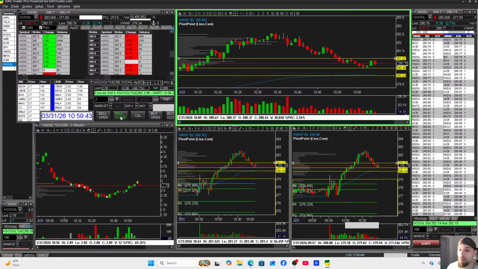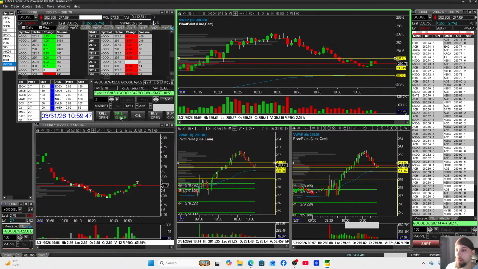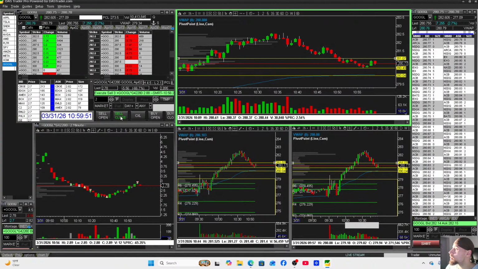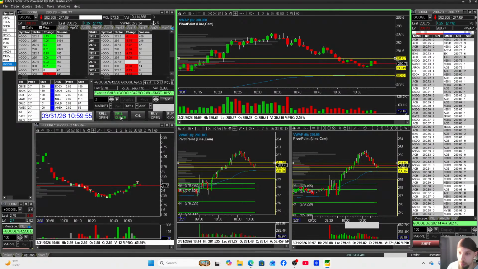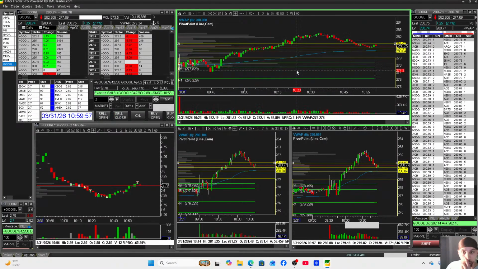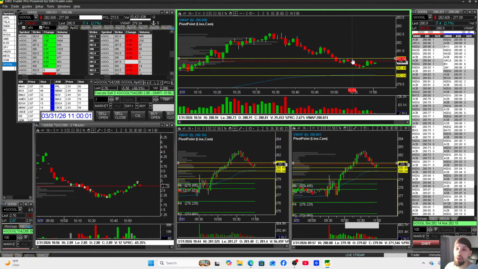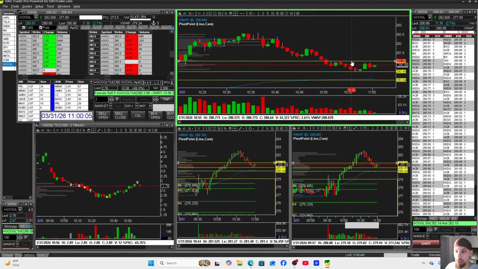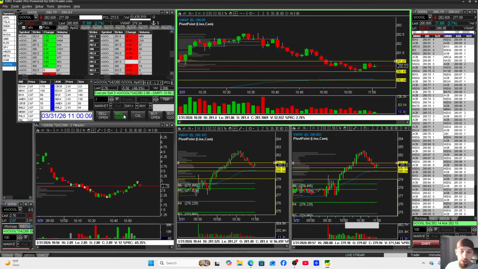Let's see here. So essentially now I have a trailing stop. It's not put in here, but if the stock gets above this level here, this 281, I'll close my position.